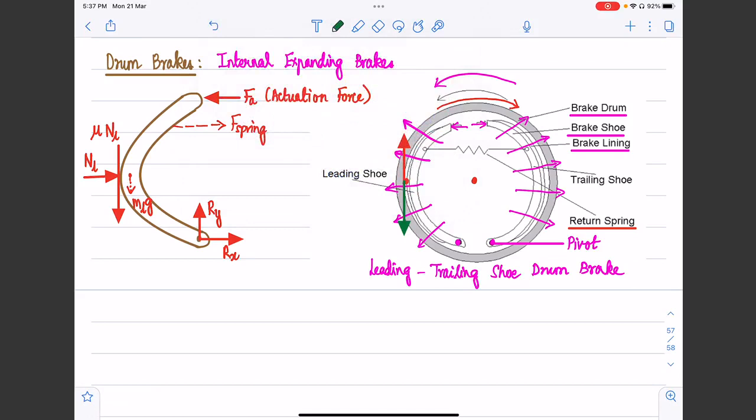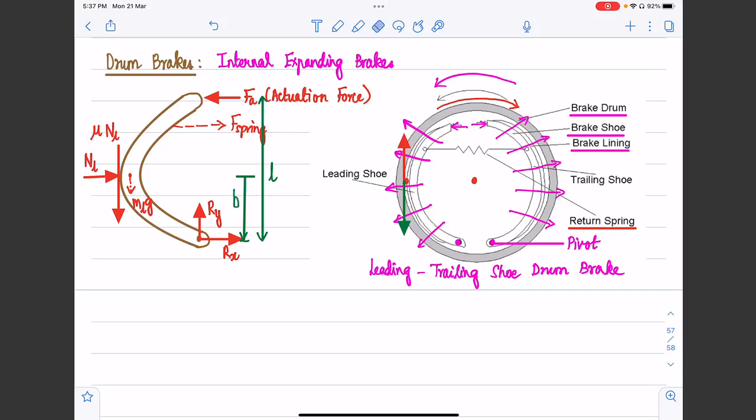And let me mark some geometric quantities. Let us say the distance from the pivot to the point at which the lumped actuation force is acting is, let's say, we call it L. And let the distance at which the normal load is acting be P from the pivot.